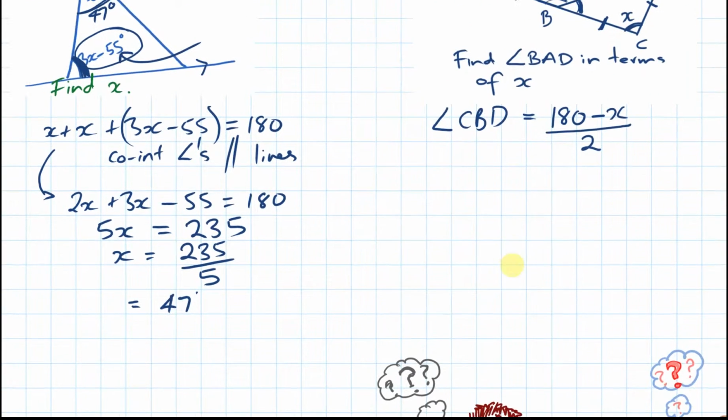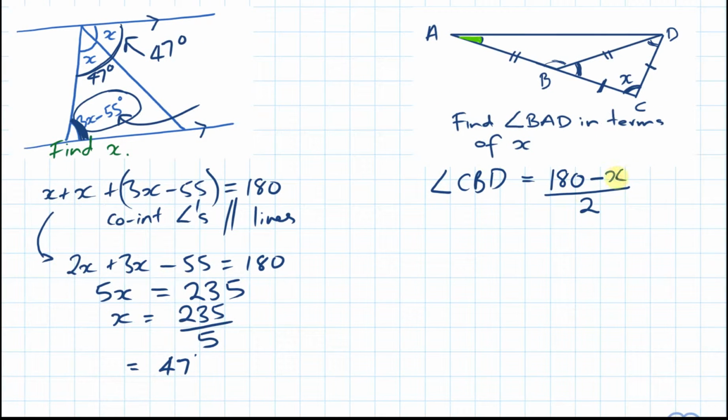So 180 minus x divided by 2. Let's simplify that, and that is 90 minus half x. So that is angle CBD, and that's base angles in an isosceles triangle.